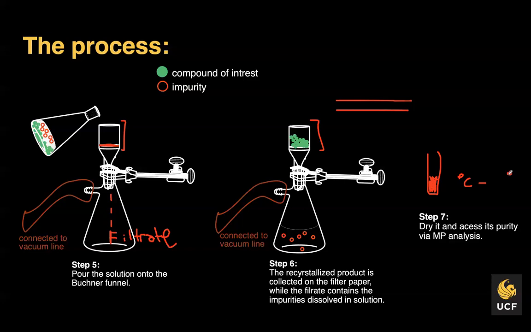So that would be our melting point range. Just call it X and Y, right? If this range is within 5 degrees of the actual, theoretical melting point of the compound, then we could say that it's pure. But the narrower the range, the more pure that product is.